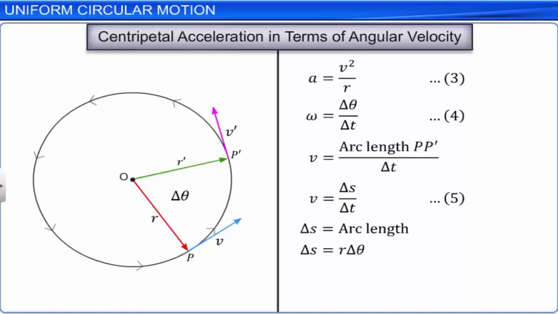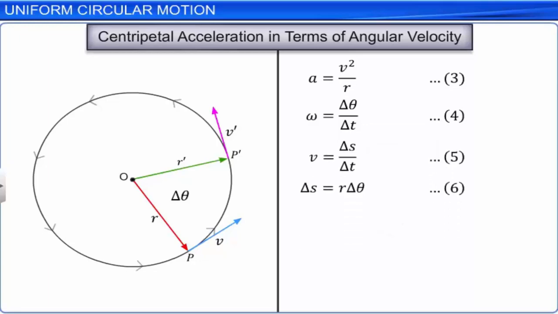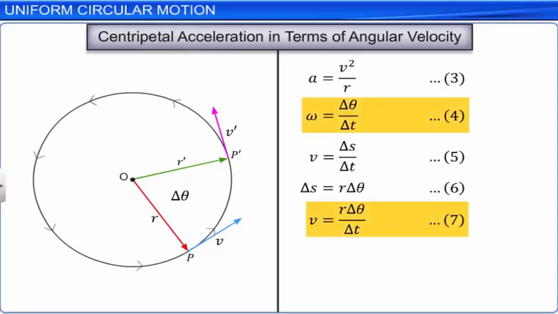Substituting 4 in 7, we get v is equal to r omega. Let this be equation 8. Now, substituting equation 8 in 3, we get centripetal acceleration a c is equal to omega square into r.